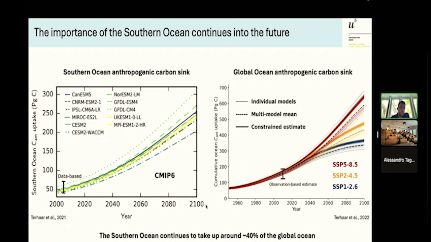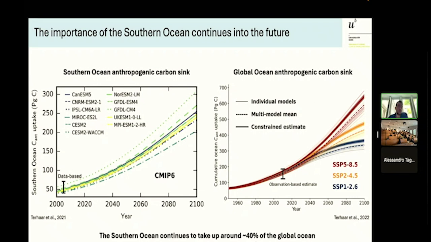We see that the Southern Ocean anthropogenic carbon uptake varies a lot over the 21st century, with some models simulating an uptake of 200 petagrams, and the highest model around 305 to 310 petagrams. What we also see is that the differences in the global estimates are very similar, so most of this uncertainty actually comes from the Southern Ocean.